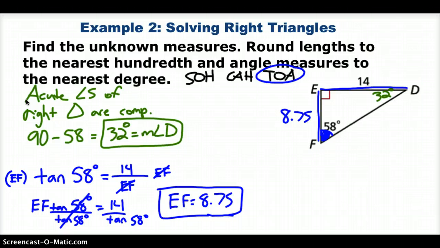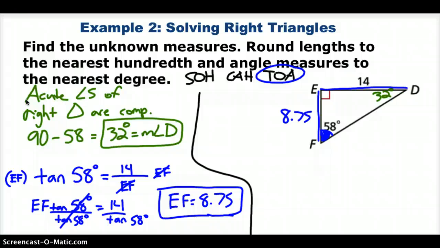Okay, and now I want to go and find the hypotenuse, right? Again, there are lots of different ways we could go about finding the hypotenuse. We could use the Pythagorean theorem, but maybe, in the spirit of the fact that we're learning inverse trig functions, we'll take a look at some inverse trig functions here.